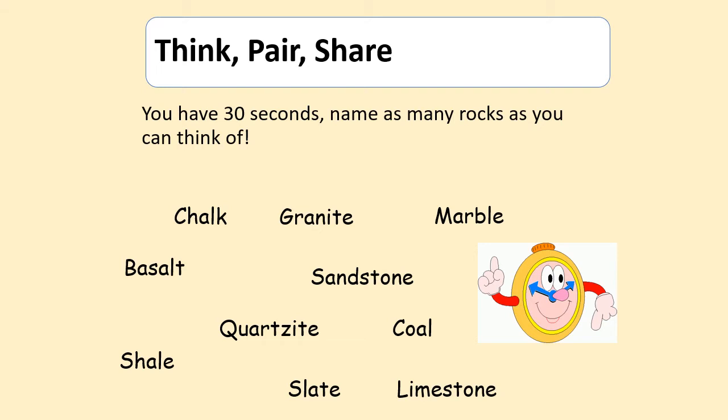So chalk, granite, marble, basalt, sandstone, shale, quartzite, coal, slate, limestone. All of those examples will be in your summary notes. Some other types of rock that you might have thought of, and one that a lot of people like to think of, is obsidian. And obsidian is a type of rock that looks a bit like black glass. That's another example.